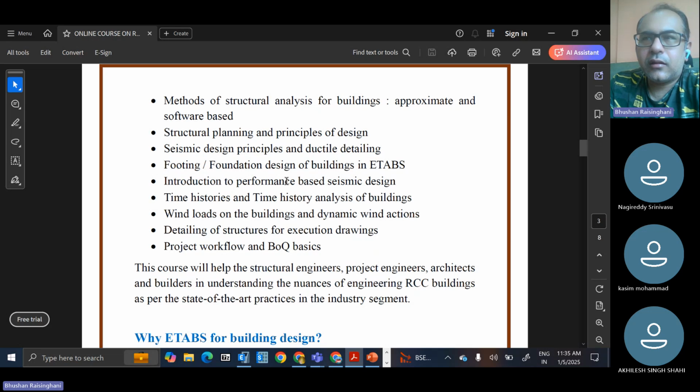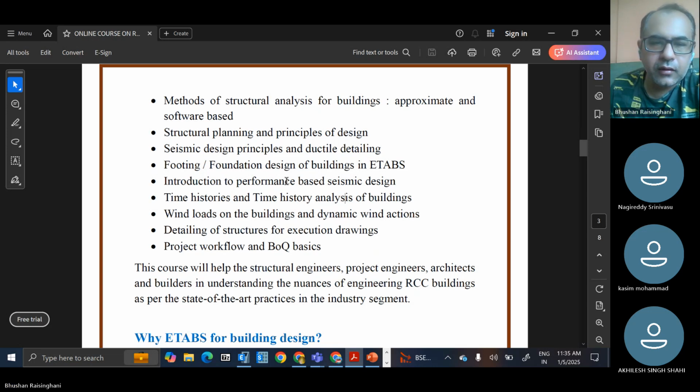Based on that, the clauses of 13920 have also been updated. Your understanding of building design will improve once you understand what performance-based design is and why we are focusing on performance in regions of high seismicity.